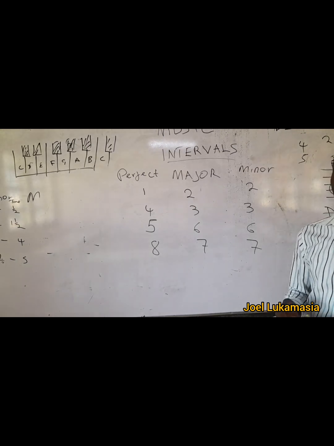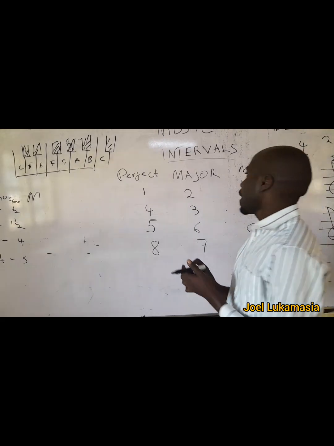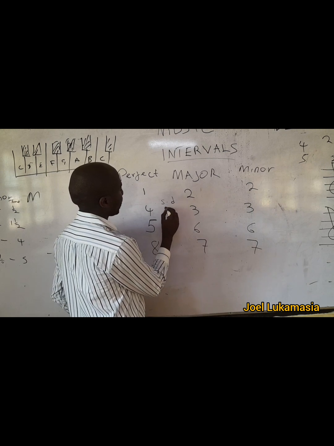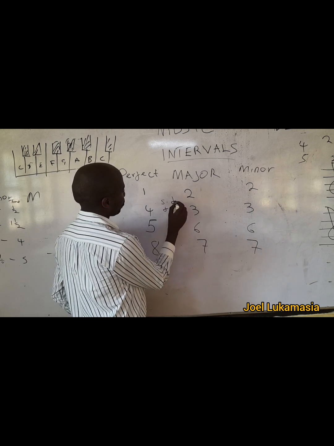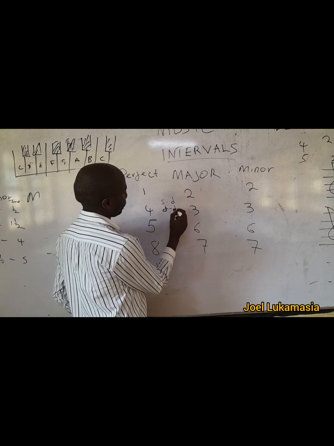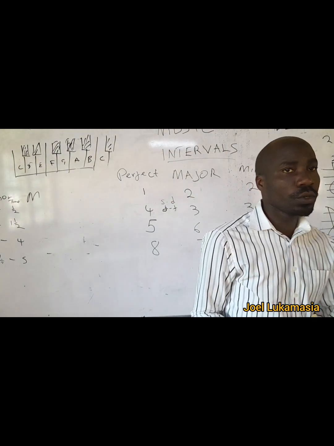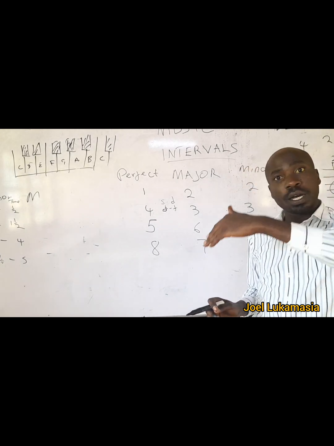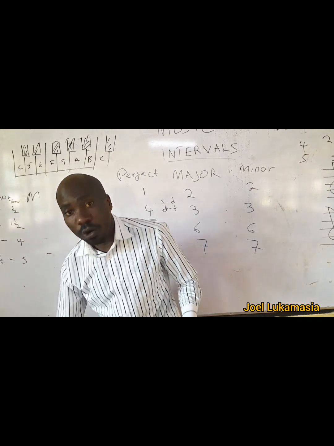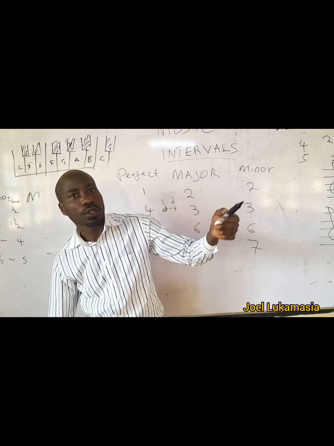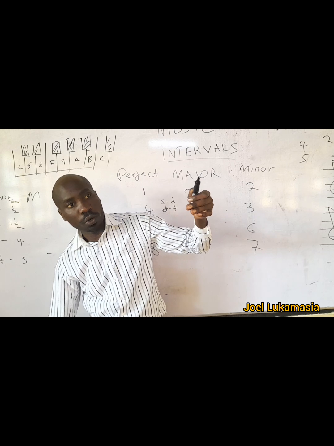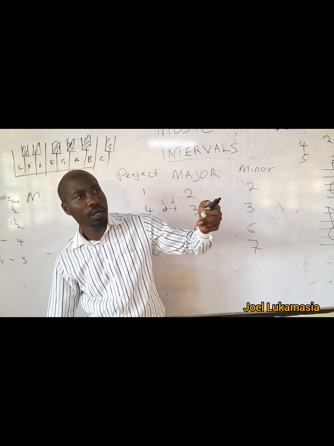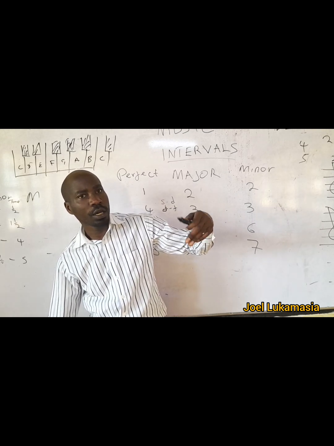How do you approach a perfect fourth? A perfect fourth, you can assume it to be, using solfa, so to do, or do and fa. Do, re, mi, fa. So you will try and sing do, fa, or so, do, which is the same as do, fa.